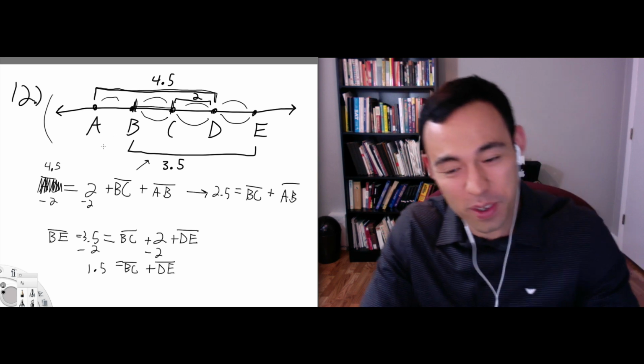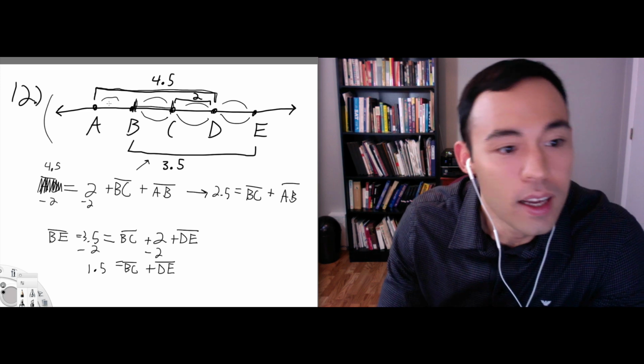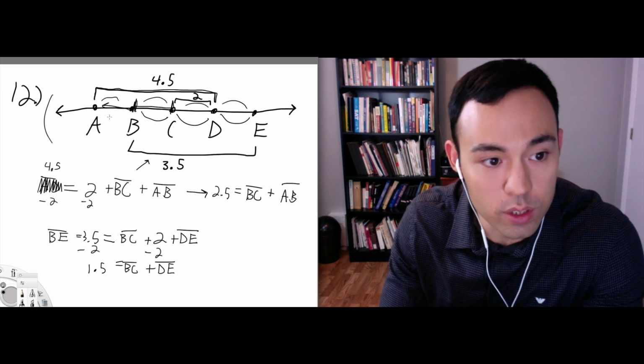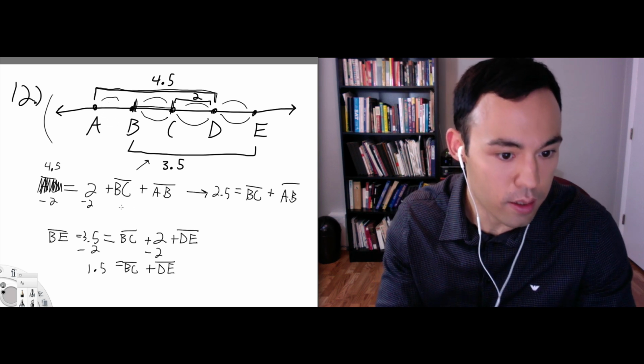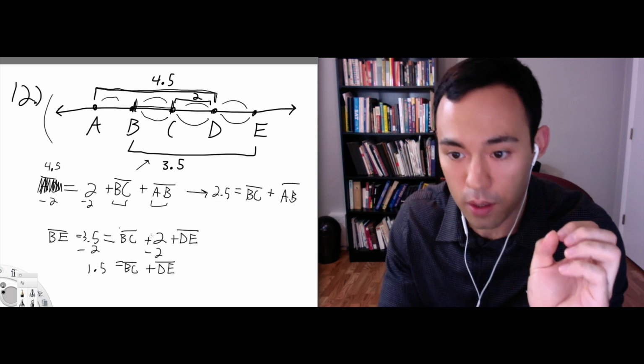But for the SAT, we can't have a negative length, okay? And it's not going to be 0 either, or otherwise the two adjacent points would just collapse to a single point. So we know that all these line segments are greater than 0.